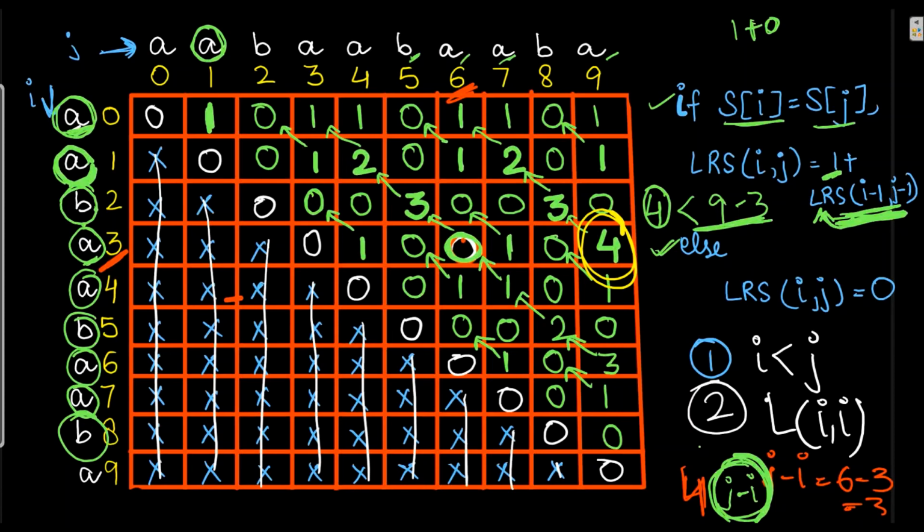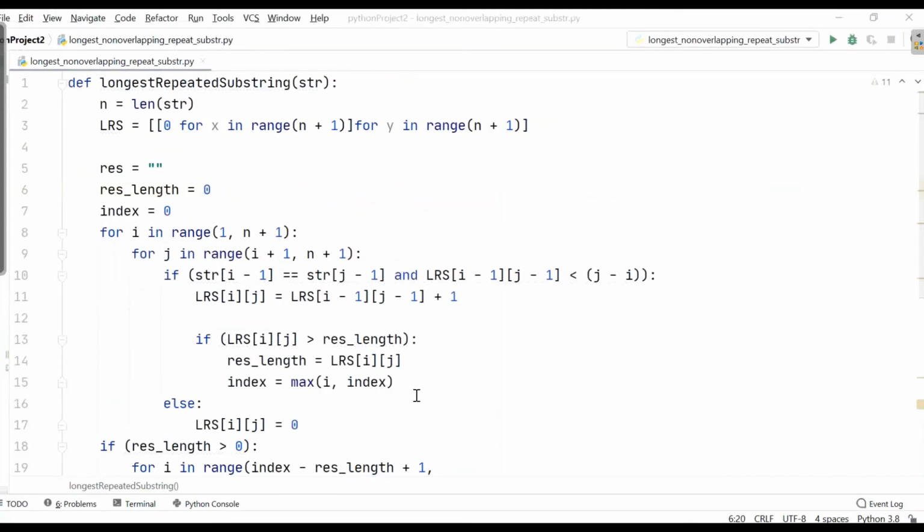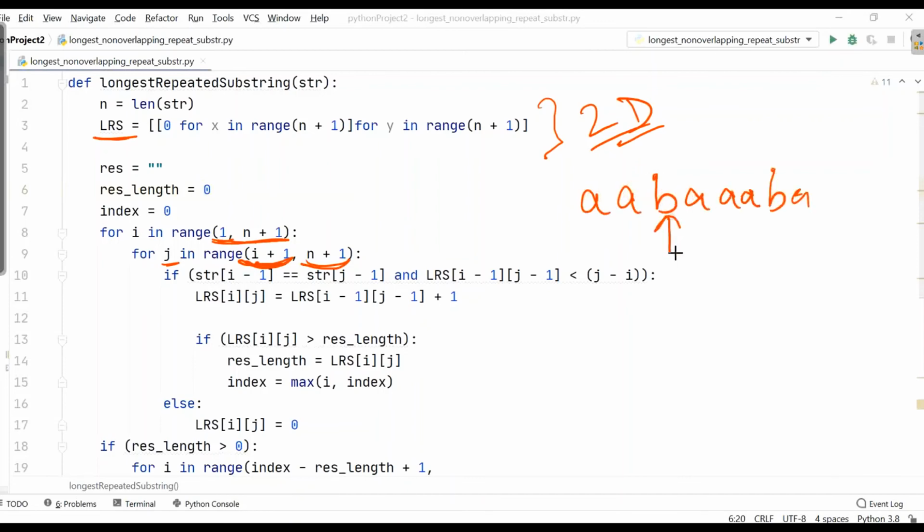Now let's go to the Python program, and we'll be going to PyCharm, and this will be the same as we have done over in the open board. So first of all, I'll make the 2D matrix, then I'll be filling up from 1 to last, but j will be performed from i plus 1 to n plus 1, if it is AABA. Let's say if i is over here and j is over here, then j will not be interrupting over here in the ith part.